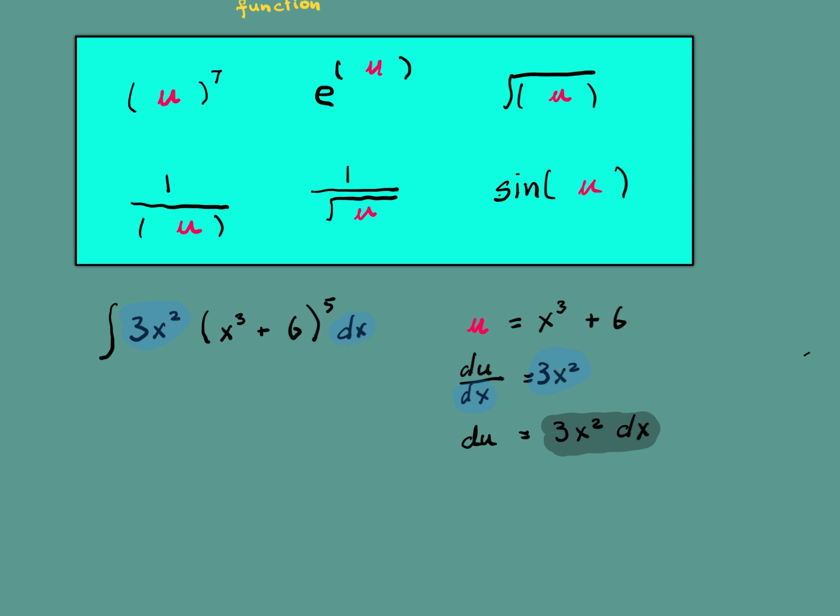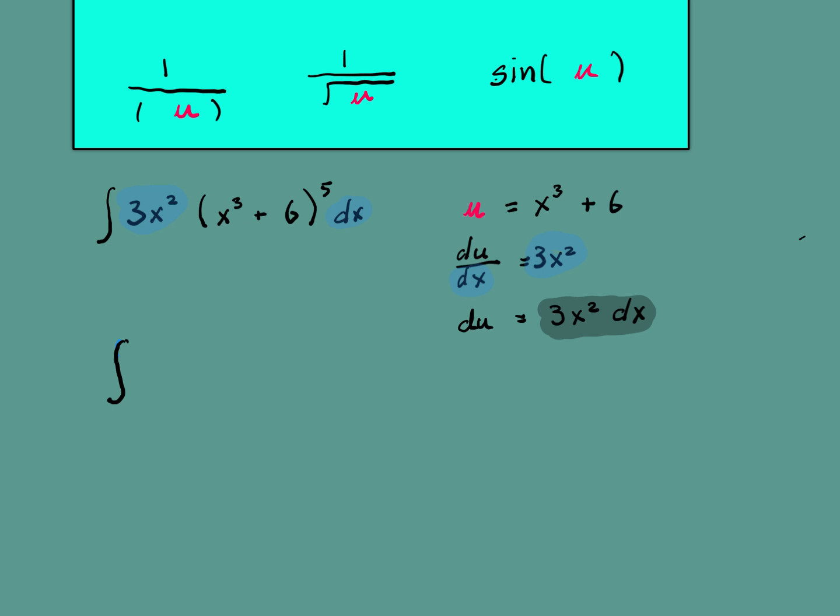So now we can substitute the whole of 3x squared dx with du. So it'll look like this. The integral of x cubed plus 6 to the power of 5, and we substituted du for all the blue 3x squared dx, everything that was highlighted in blue.